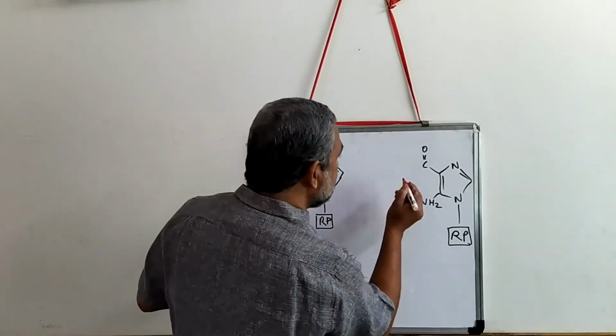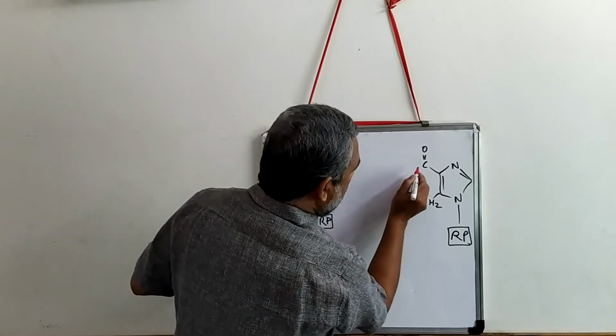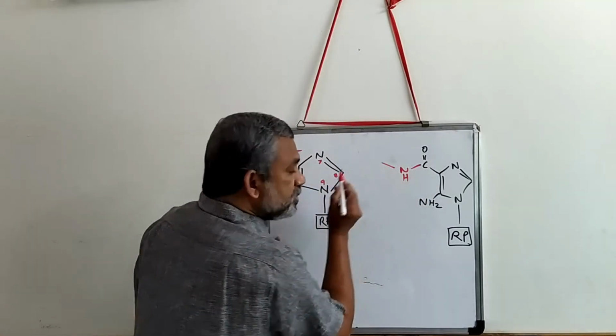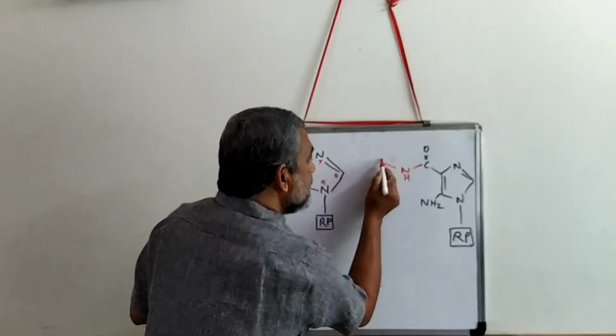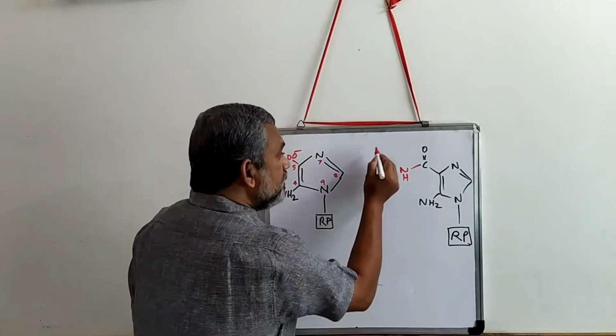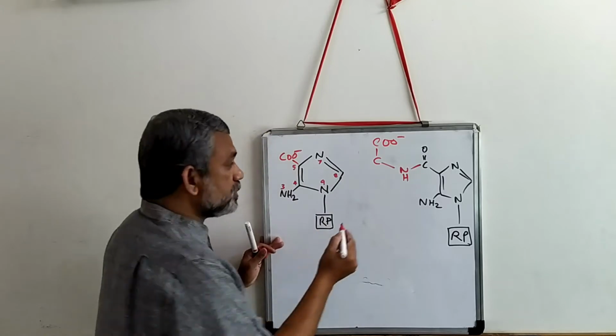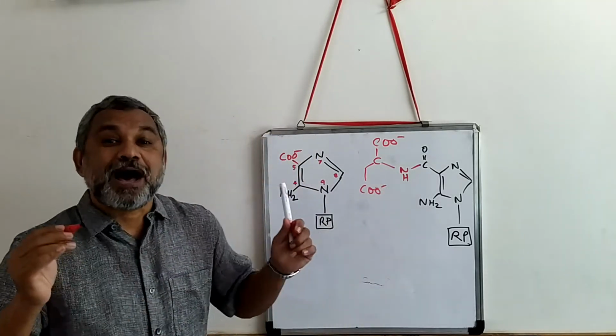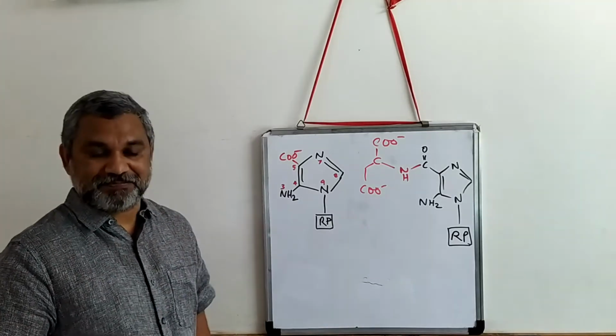Aspartate will be added here. So the nitrogen, the amino nitrogen, followed by the carboxyl carbon and the carboxyl group, then CH2COO. So the aspartate is added here.